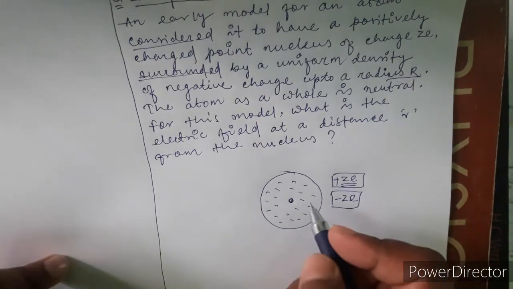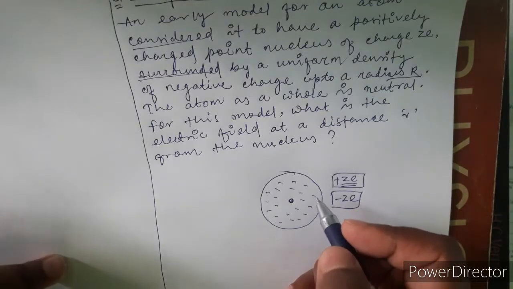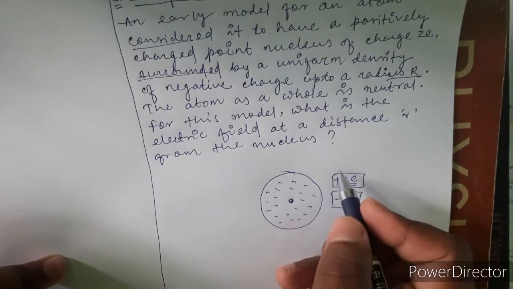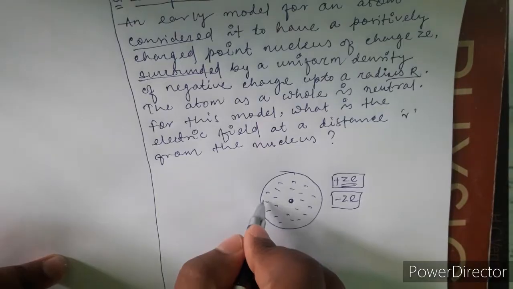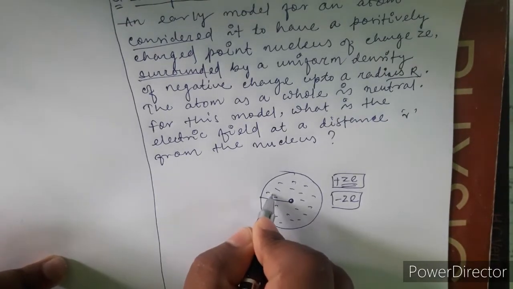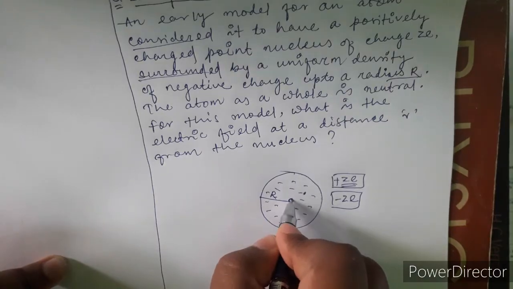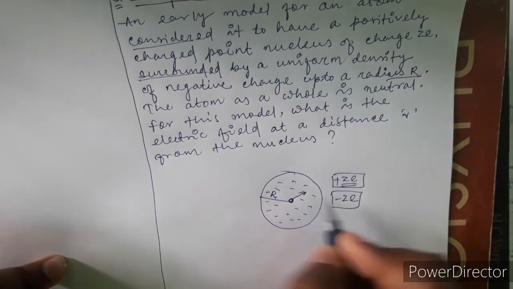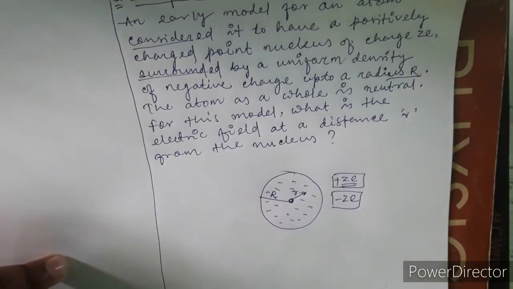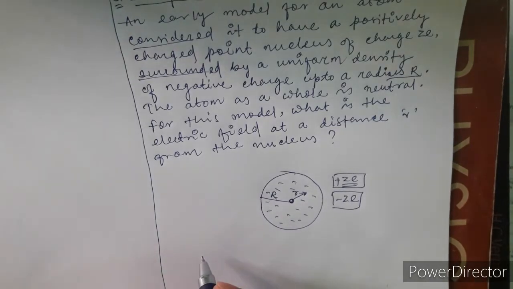So let us calculate the electric field inside the atom and outside the atom. It is given that the radius of this atom is capital R. Let us calculate the electric field somewhere inside, let's say at a smaller distance from the nucleus or from the center.